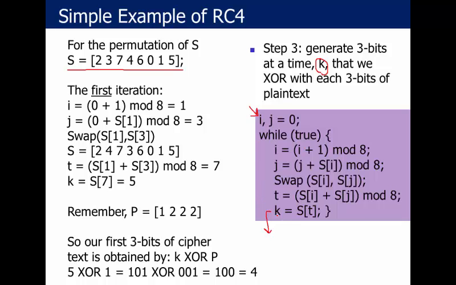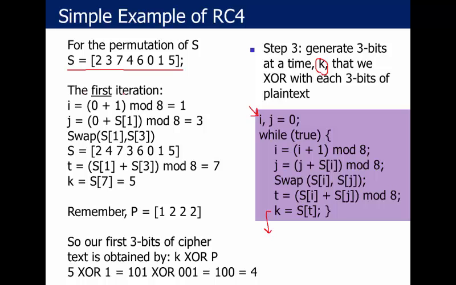As long as we need K, this loop is running. So the initial value for i and j is 0. So let's take a look.